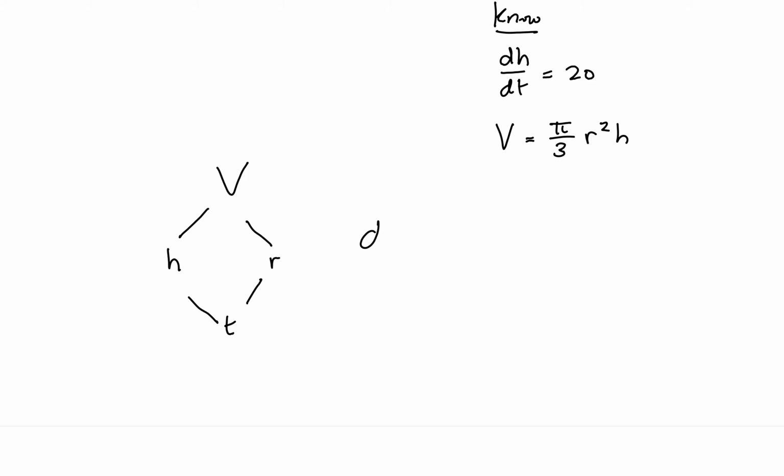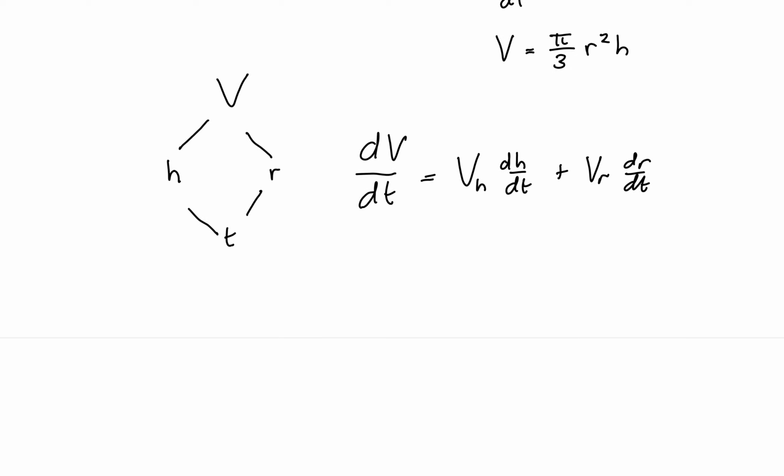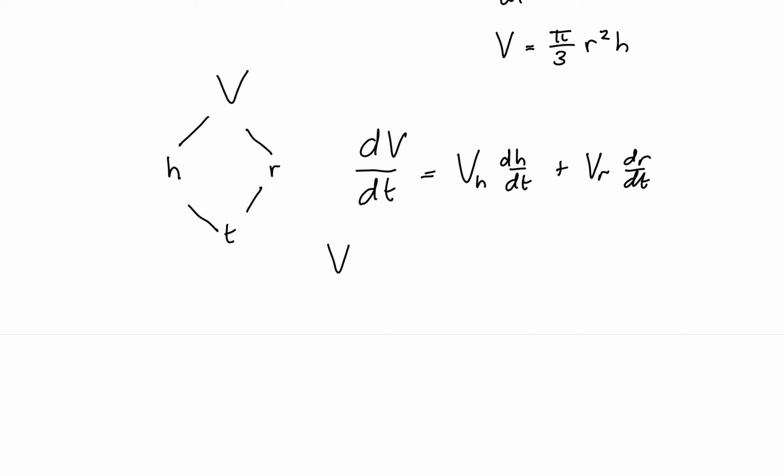So that means I have dV/dt is V sub h dh/dt plus V sub r dr/dt. Now we want to fill these things in. V sub h is just pi over 3 r squared.